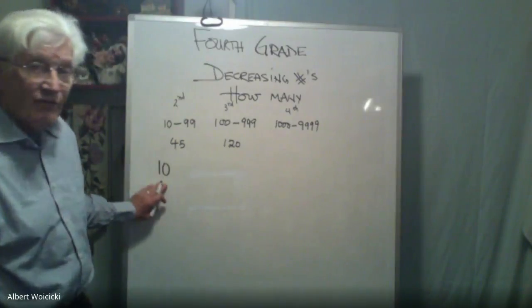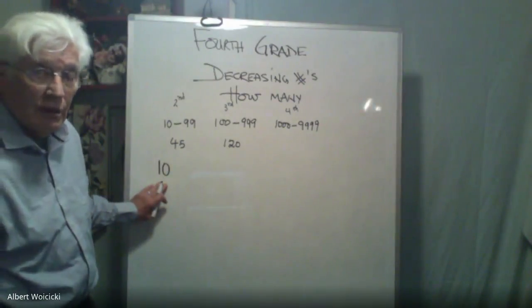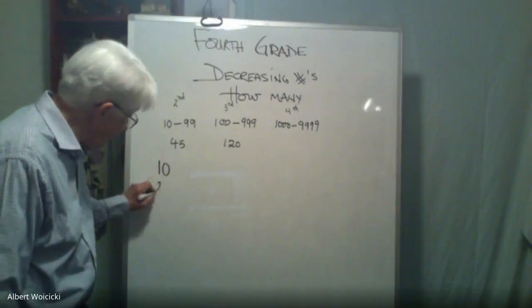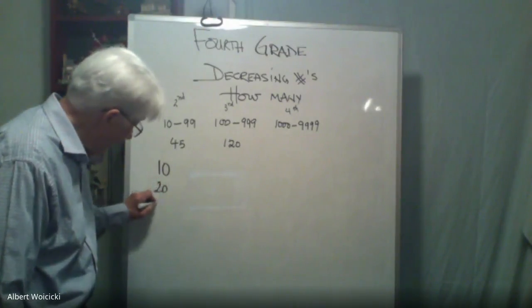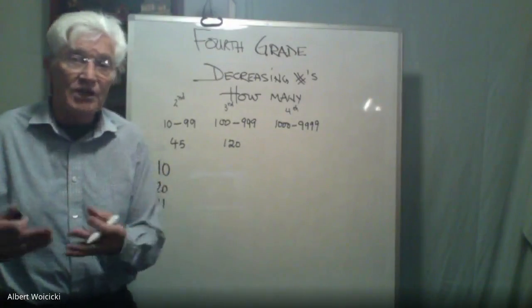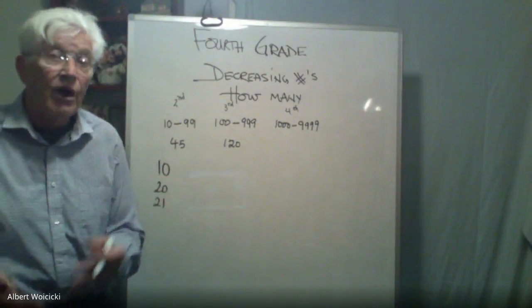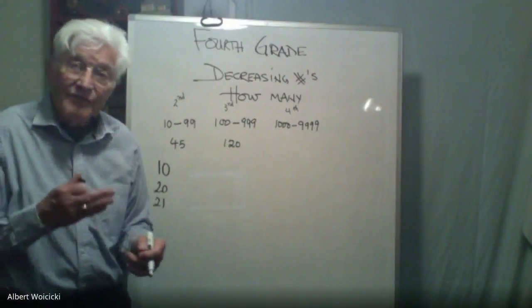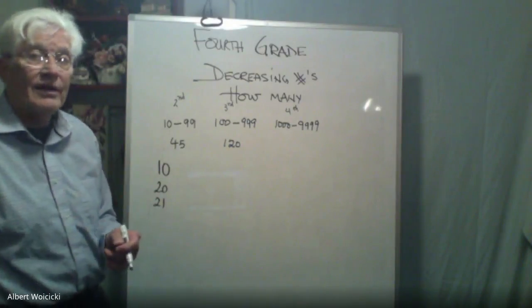So 10 is my first decreasing number. But my next decreasing number is 20. And then 21. But 22 is not a decreasing number because both of the digits in that number are the same. They have to get smaller as I move to the right.